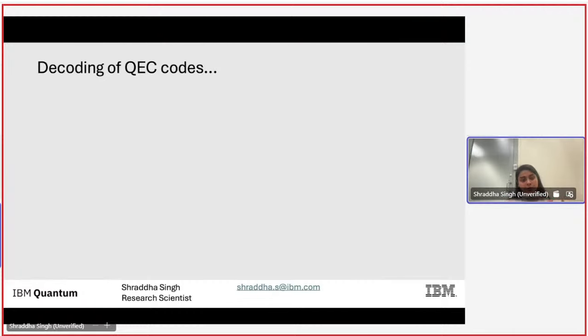For the repetition code example that I showed you, maximum likelihood decoders actually work fine. That means just checking the probability with which a certain error might have happened and prioritizing that information works. However, for most codes, this algorithm is not tractable on classical computers.